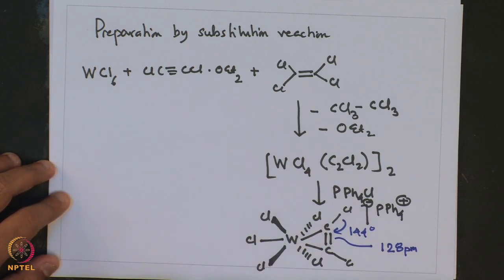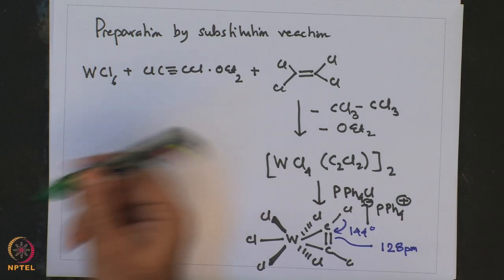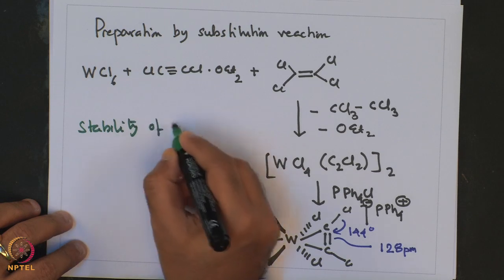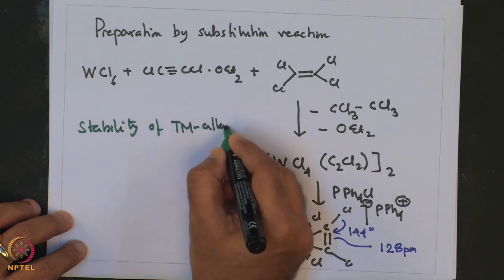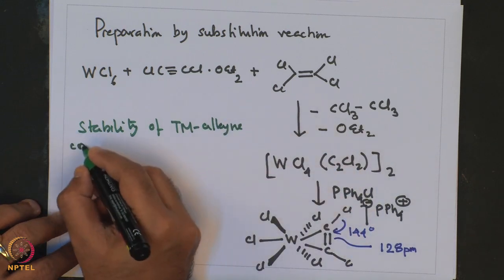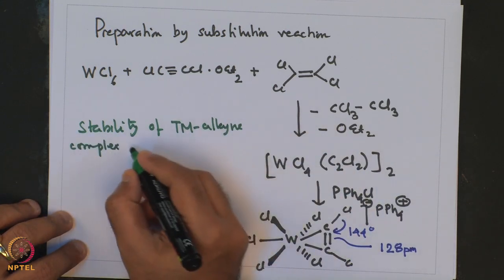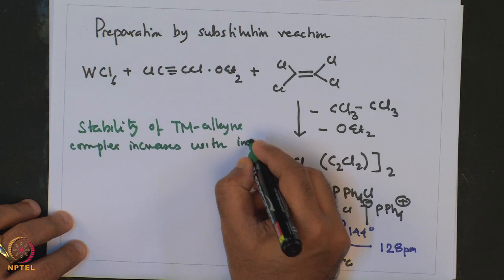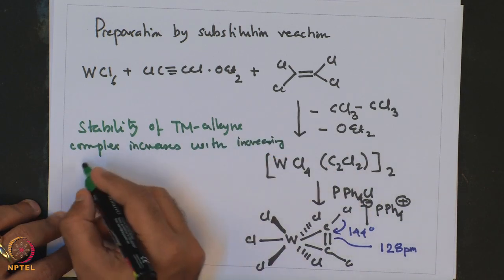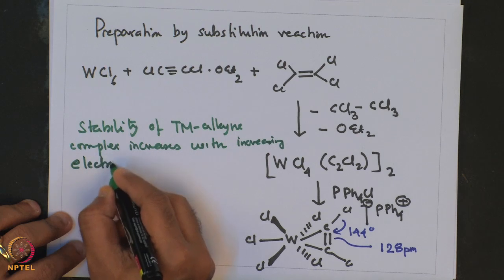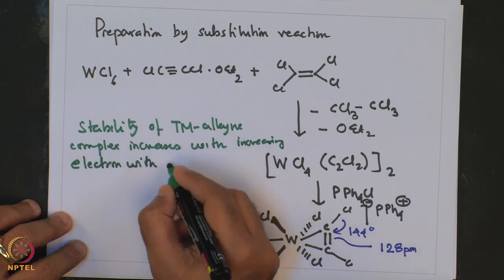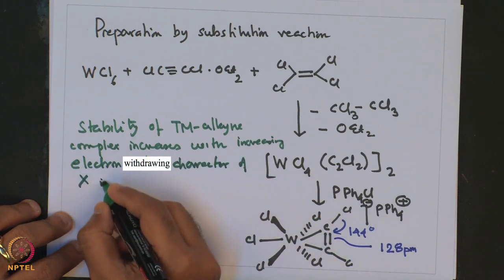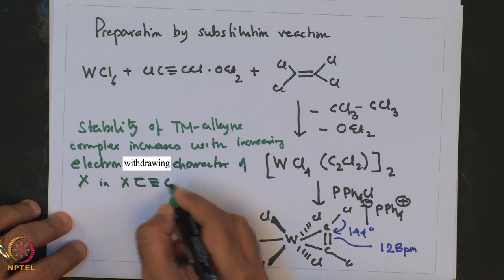So, stability of TM alkyne complex increases with increasing electron withdrawing character of X in CX acetylene.